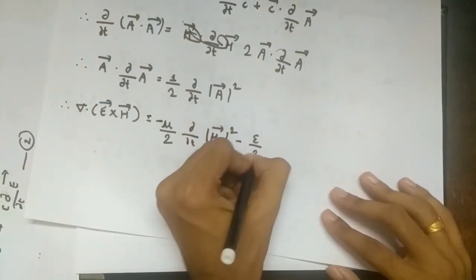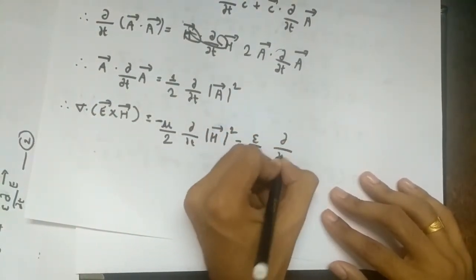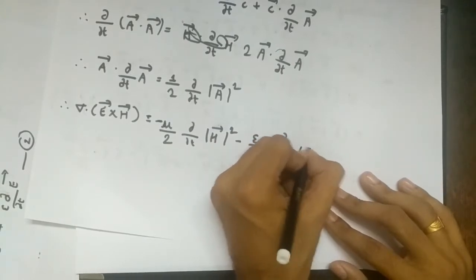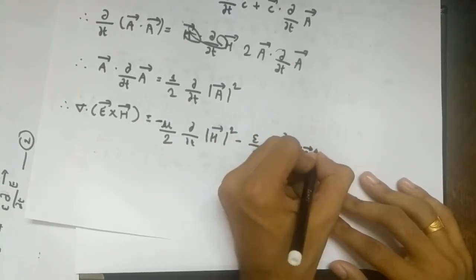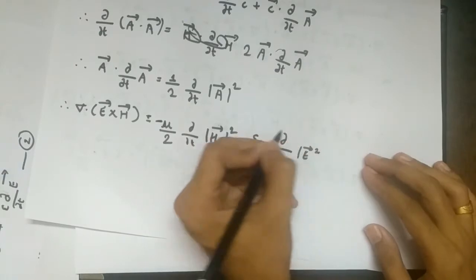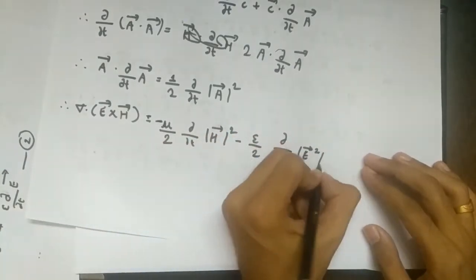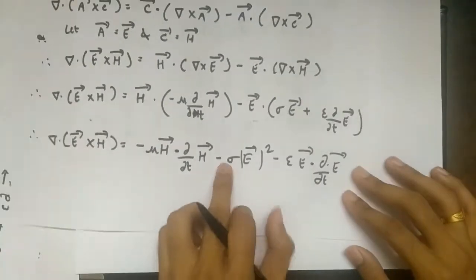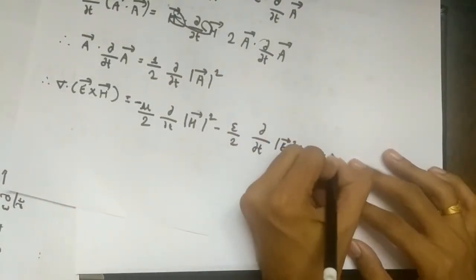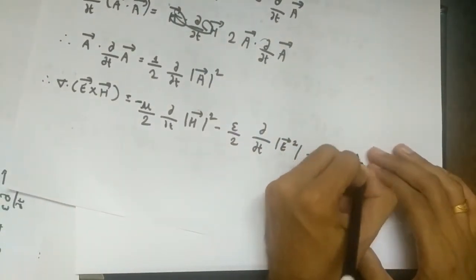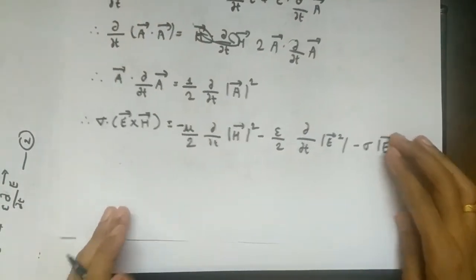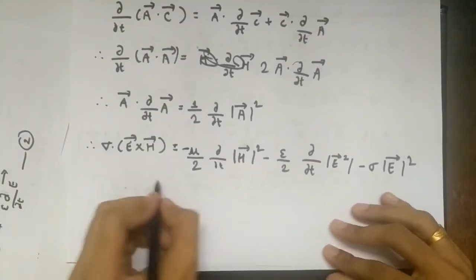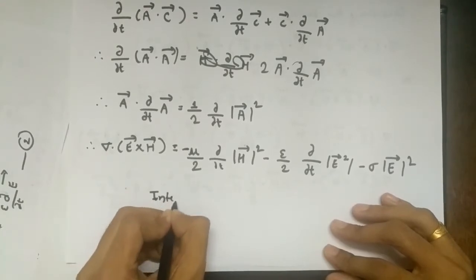So minus epsilon by 2 ∂/∂t magnitude of E vector squared. Am I correct? Right? And don't forget this, minus sigma magnitude of E vector squared, right?